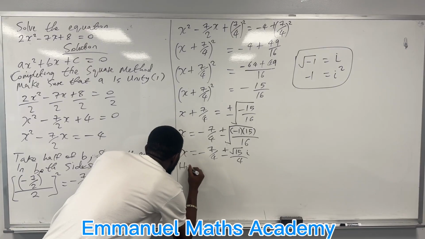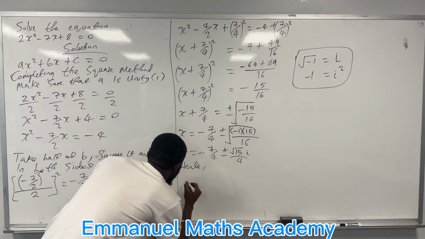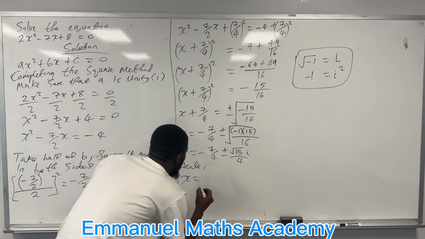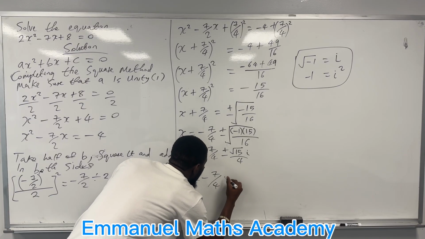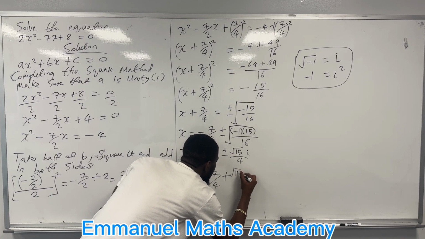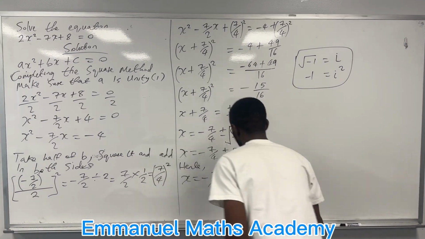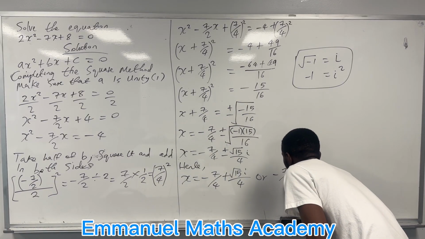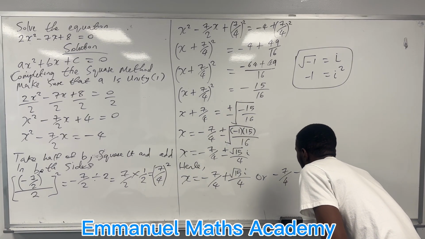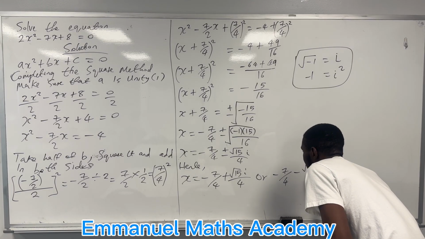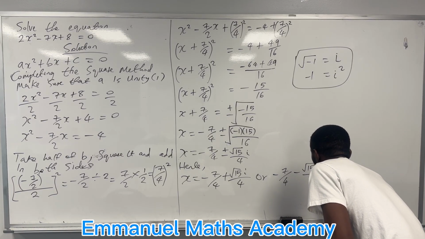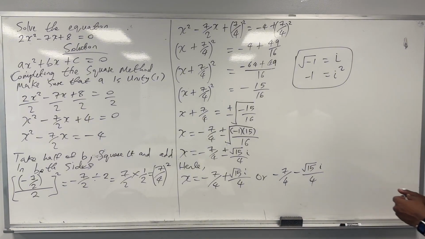Hence, the two values of x are minus 7 over 4 plus root 15i over 4, or minus 7 over 4 minus root 15i over 4. As simple as that.